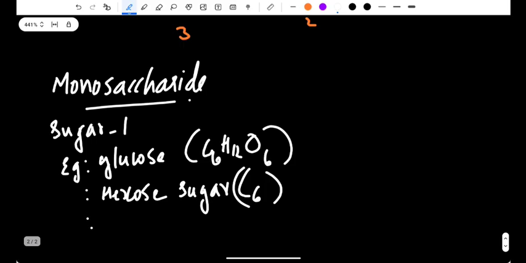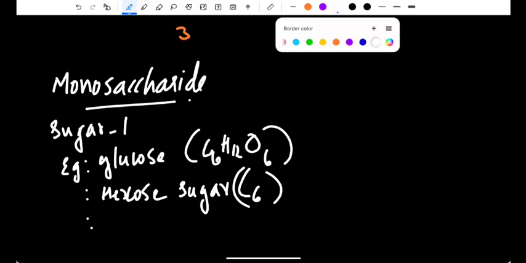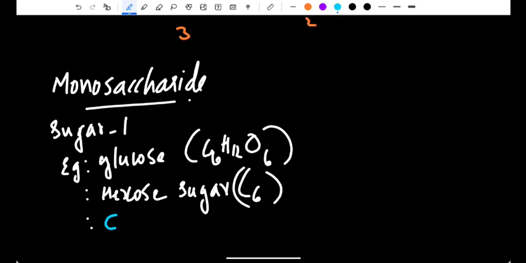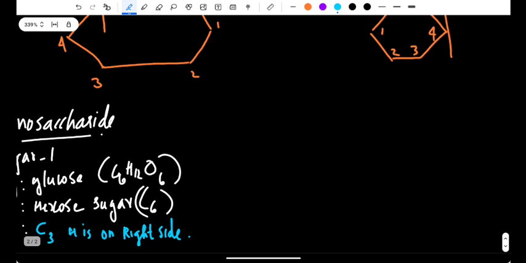Then another point you need to remember when you draw this structure: in the third carbon, H is on right side. Okay, H is on right side. So let us draw the structure.